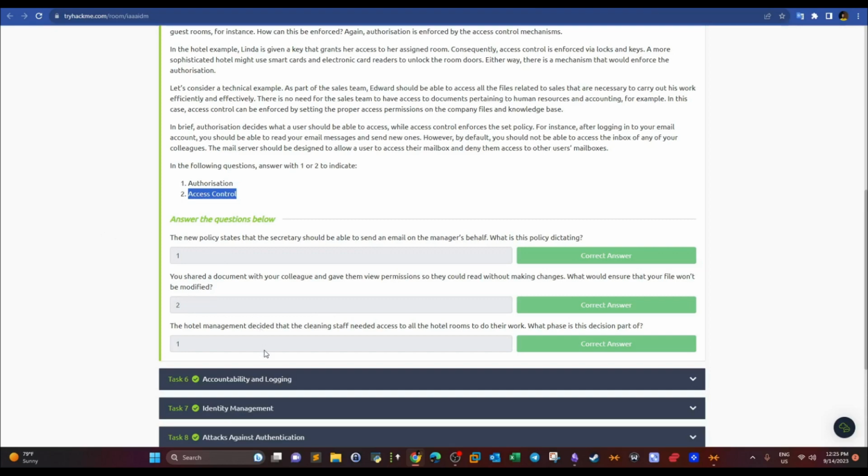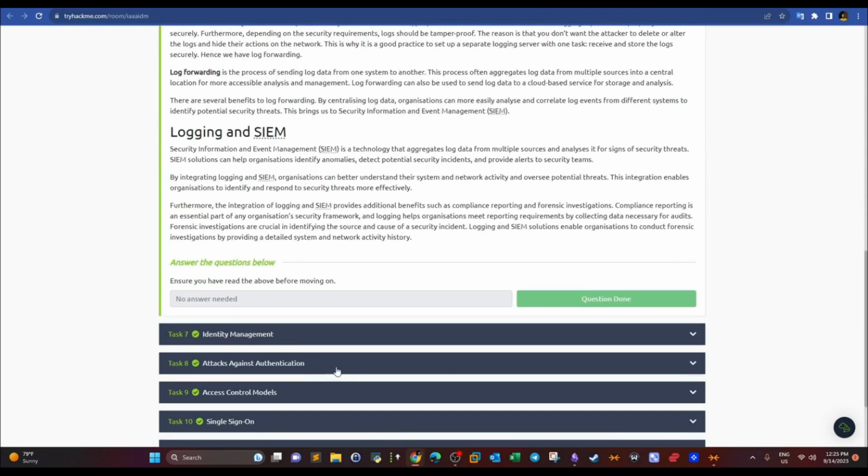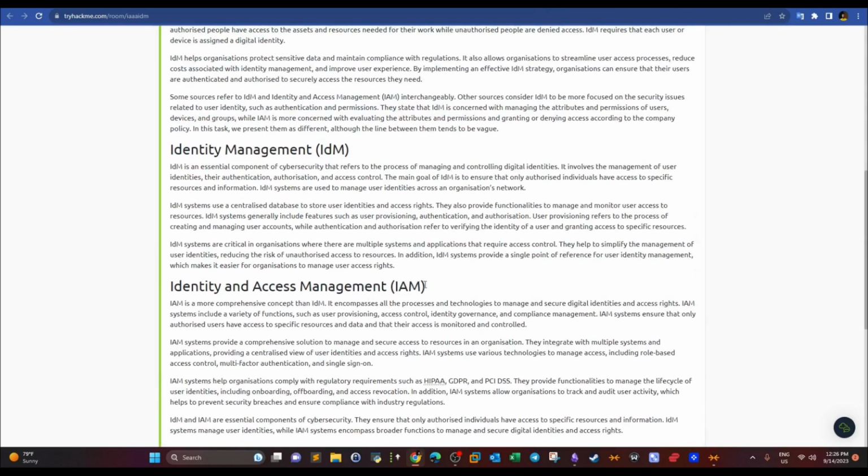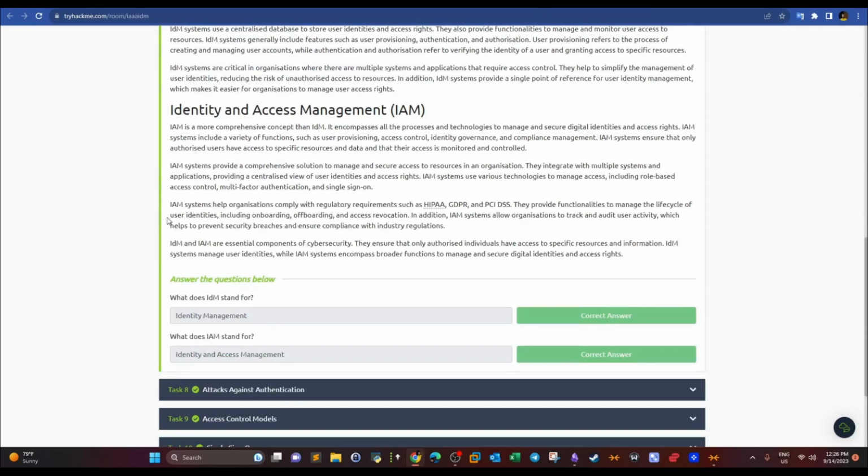Okay, now accountability and logging. Here, no answers required. Identity management. Now, let's talk about the difference between identity and access management and identity management. First things first, identity management and access management share one common thing, which is managing identities, meaning creating, provisioning, and deleting users.